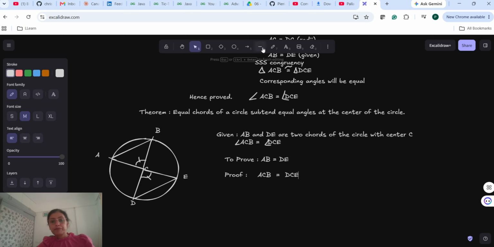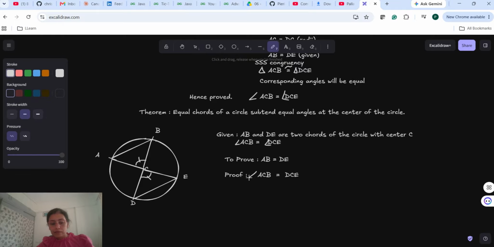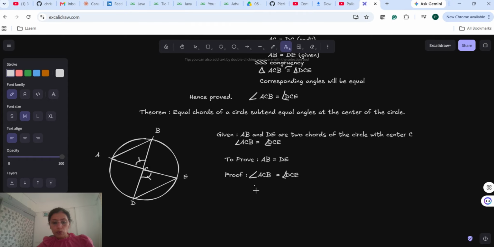DCE. Okay. And what else do I know? What else do I know? I know that AC is equal to DC because they are the radii of the same circle.